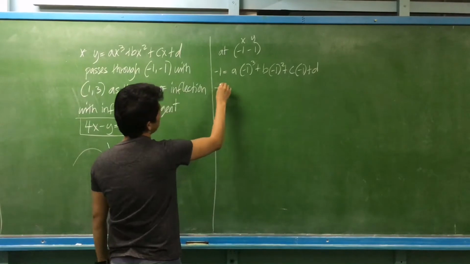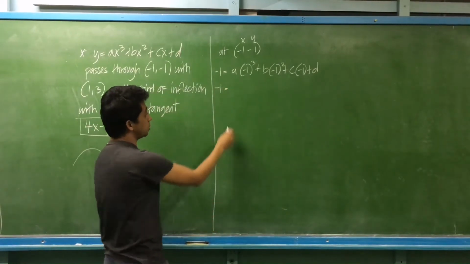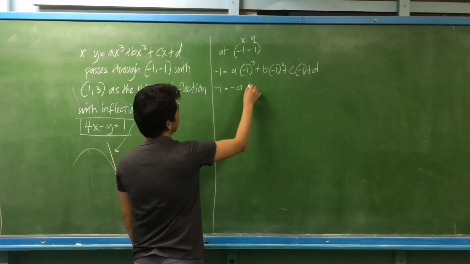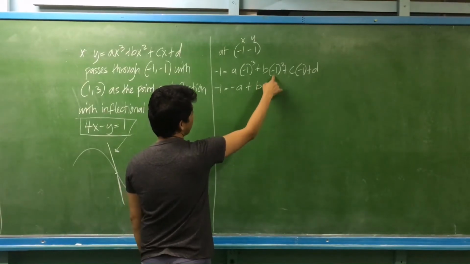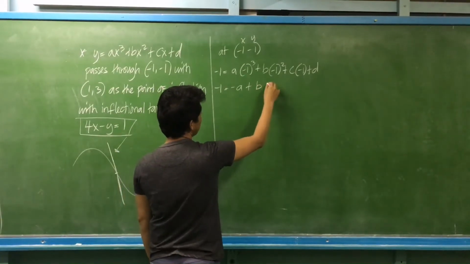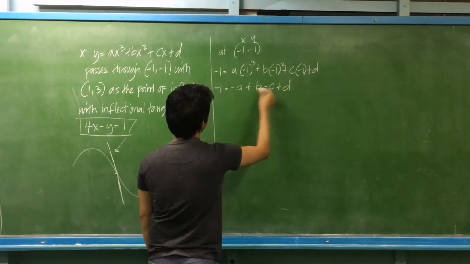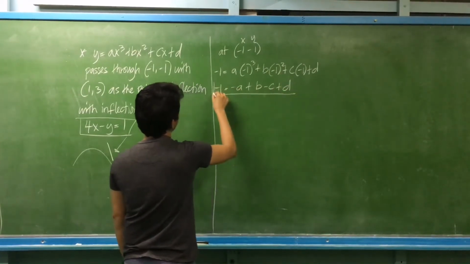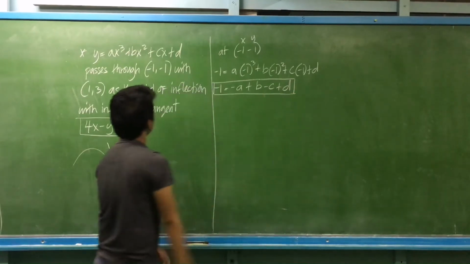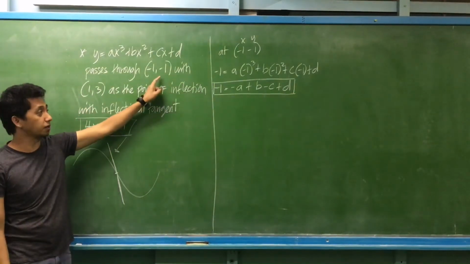So simplifying, we have -1 cubed is negative a plus b, -1 squared is positive 1, then this is minus c plus d. So this will be the first equation substituting one point of the curve.